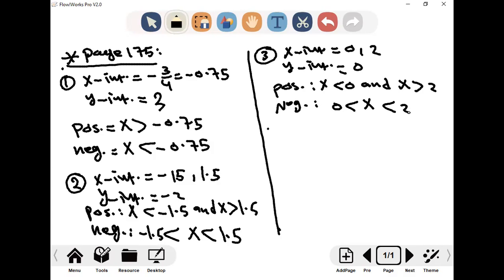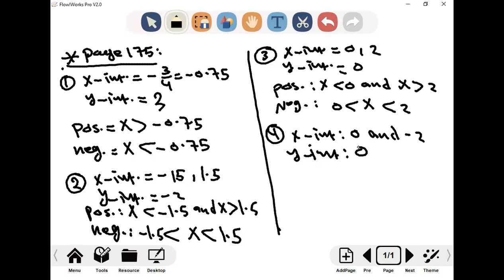Question 4. X-intercept 0 and negative 2, right? And y-intercept 0.